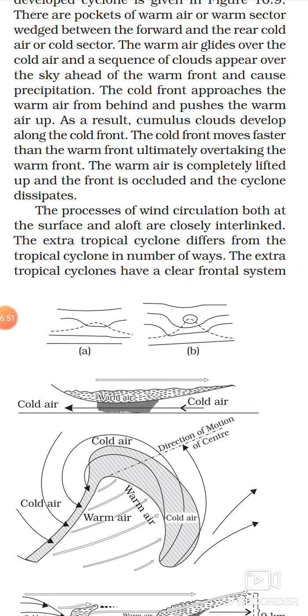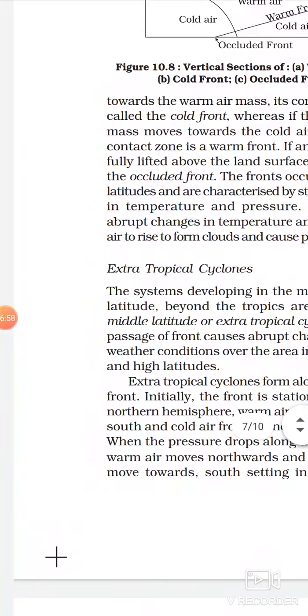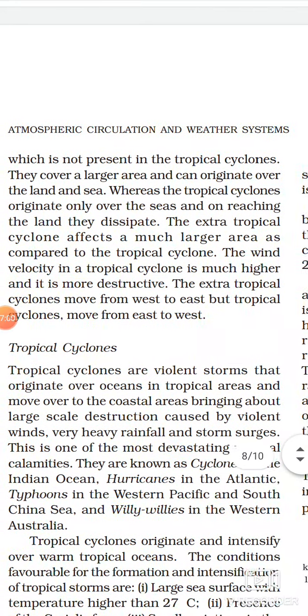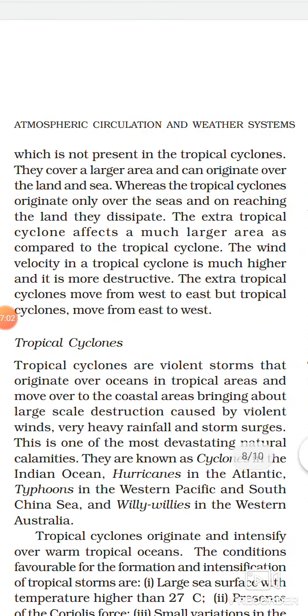The process of wind circulation both at the surface and aloft. Extratropical cyclones have a clear frontal system, which is not present in the tropical cyclone. So frontal system means a transition zone has been created by the two characteristics of the air, whether it is warm or cold, or whether it is a polar or a subpolar kind of wind.